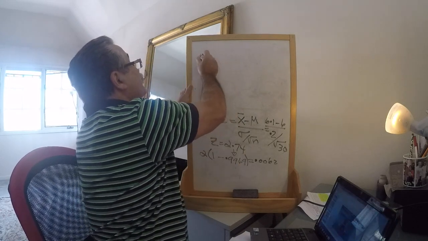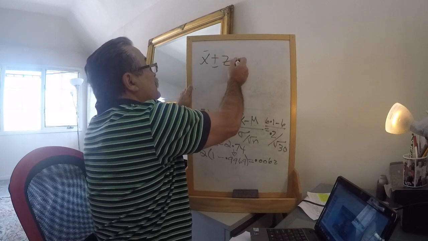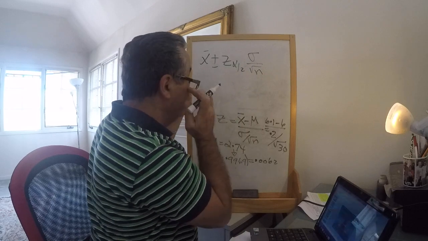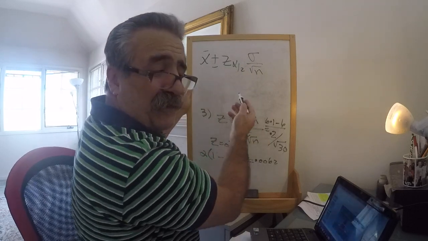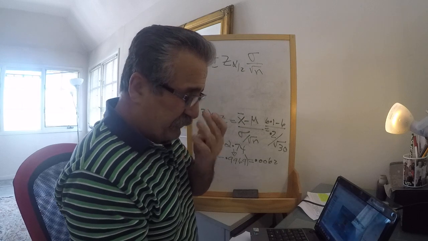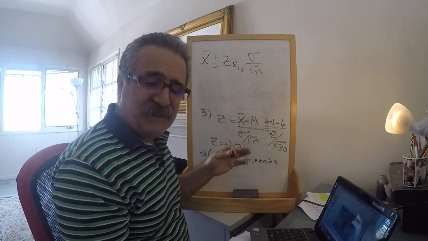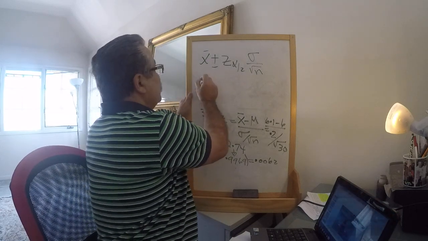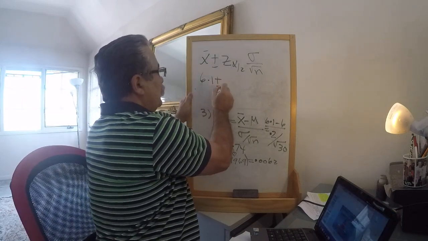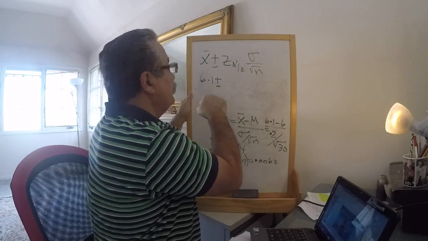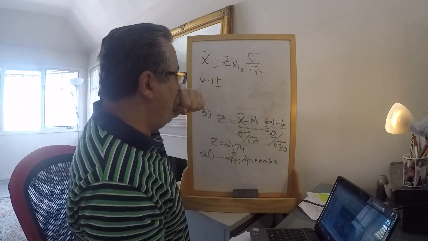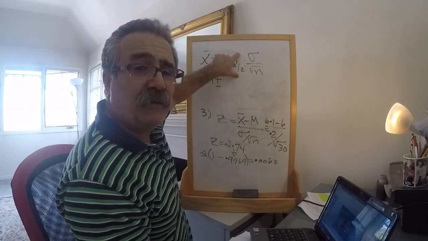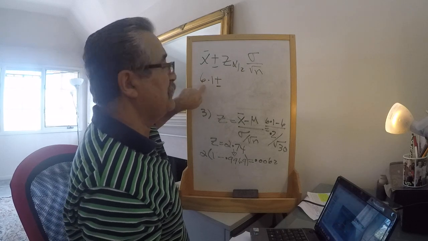If you remember, x bar plus or minus z sub alpha over 2 sigma over square root of n. This is another method which is not as popular as the other two, the p-value and critical value. 6.1 plus or minus, find the margin of error, add and subtract it to this.